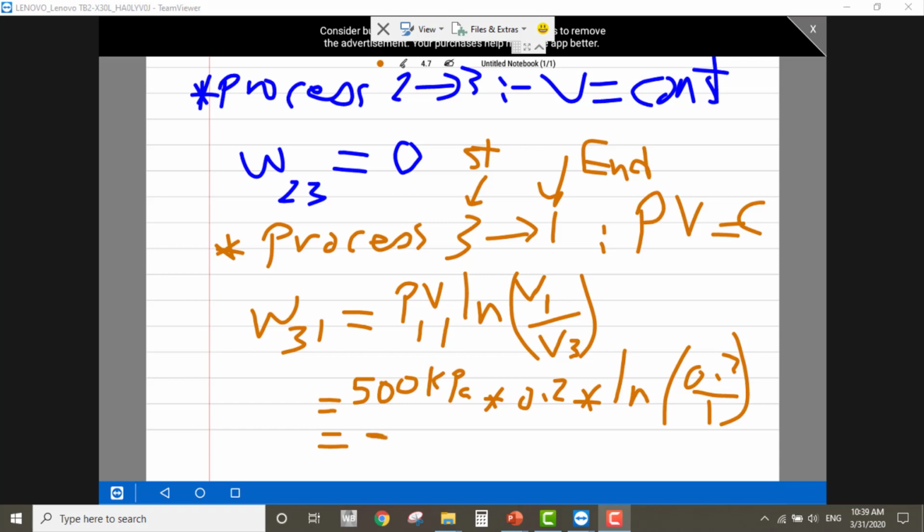So minus 160.9 kilojoule. Now this is part B. This is work for each process.